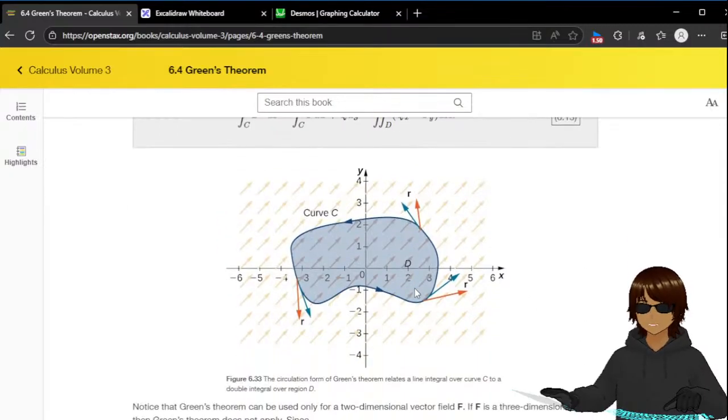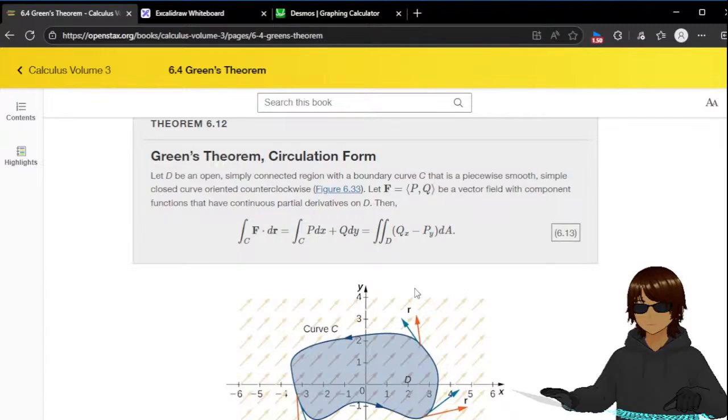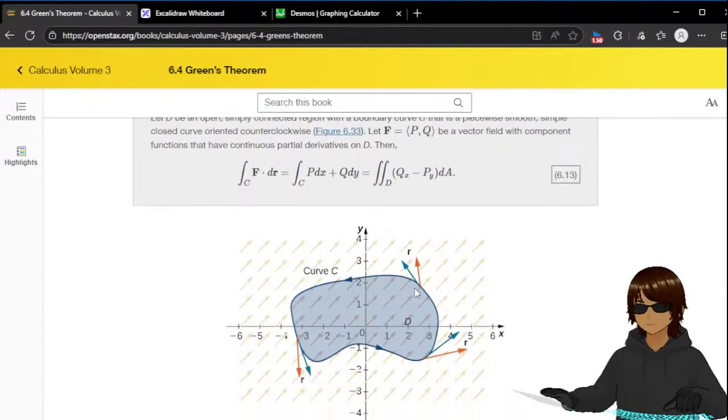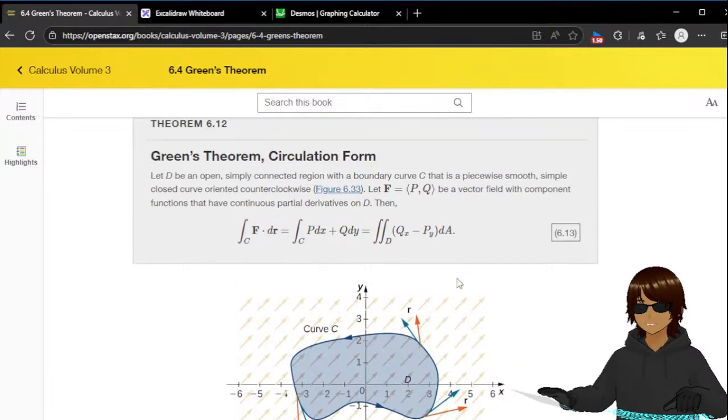But the thing is, if you go around and come back, wouldn't the thing be zero?